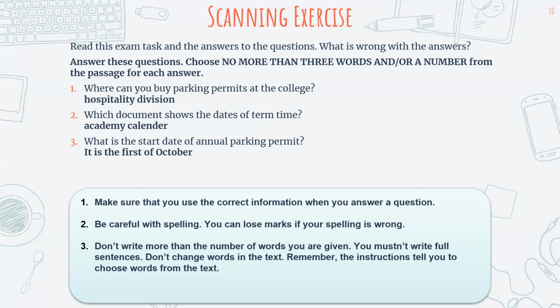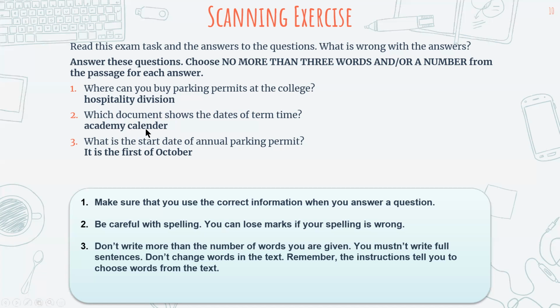So you have to get your answer from the passage because the question says choose no more than 3 words and or a number from the passage or the text. So you don't have to come up with the answer on your own. You have to choose the answer from the passage. We are going to be looking at this in a moment. The answer to the question is hospitality department, not division.